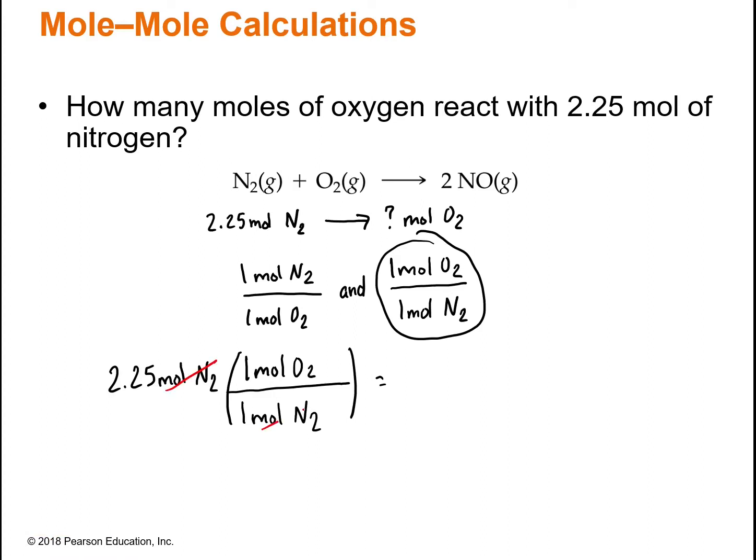The moles of nitrogen gas will cancel, and we're just left with moles of oxygen, which is good because that's what we want. You do the math, and your answer is 2.25 moles of oxygen gas.